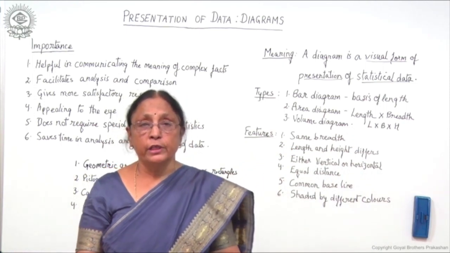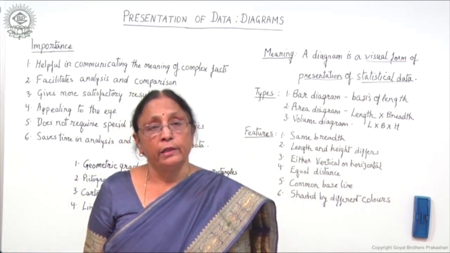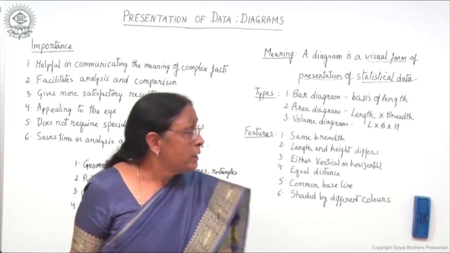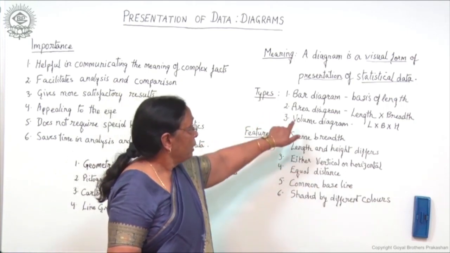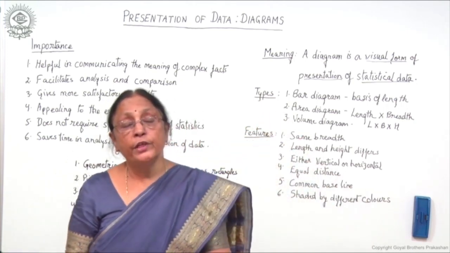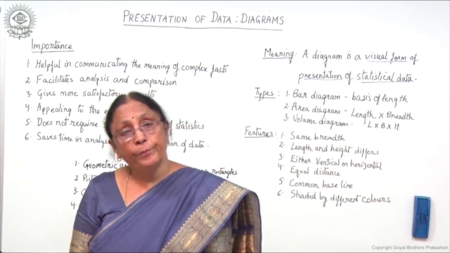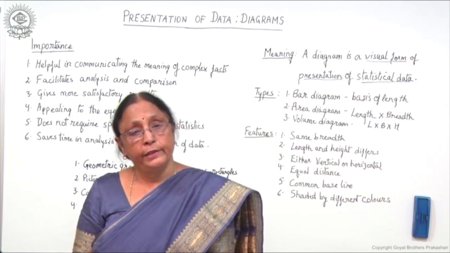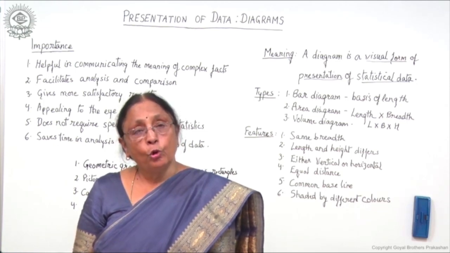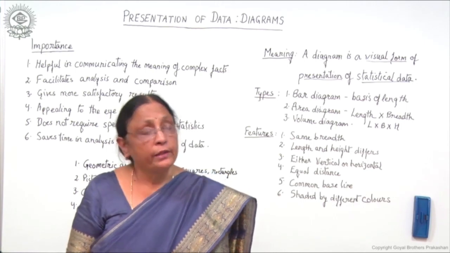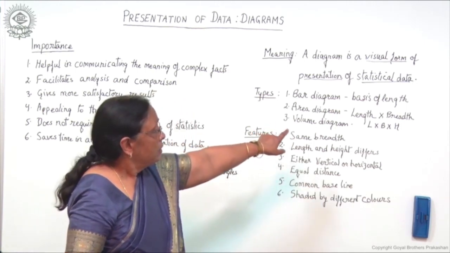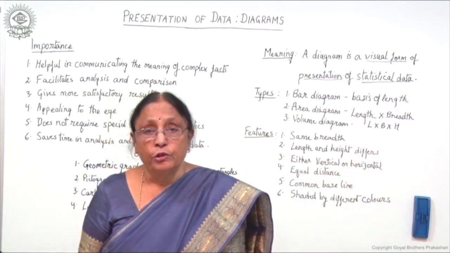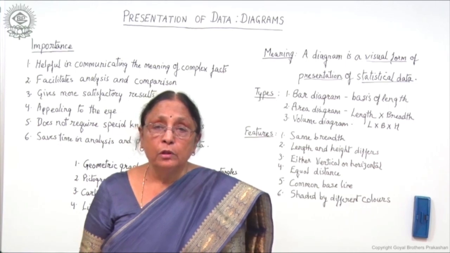These are known as area diagrams. Third is volume diagram, in which the numerical values are compared on the basis of length, breadth and height, right. So, the whole volume is taken into consideration, and cubes or spheres are examples of volume diagrams, they give you the volume.